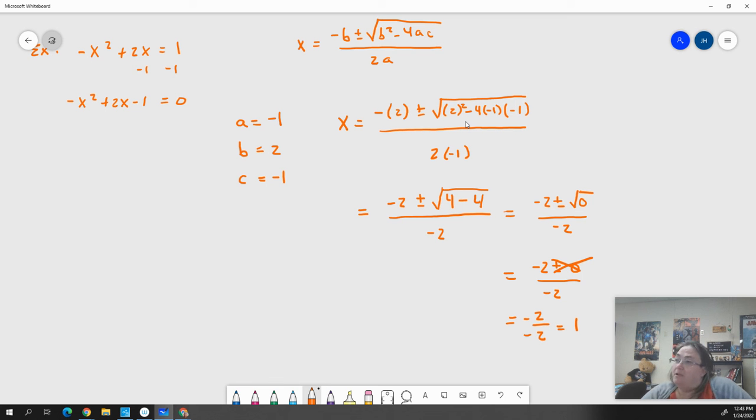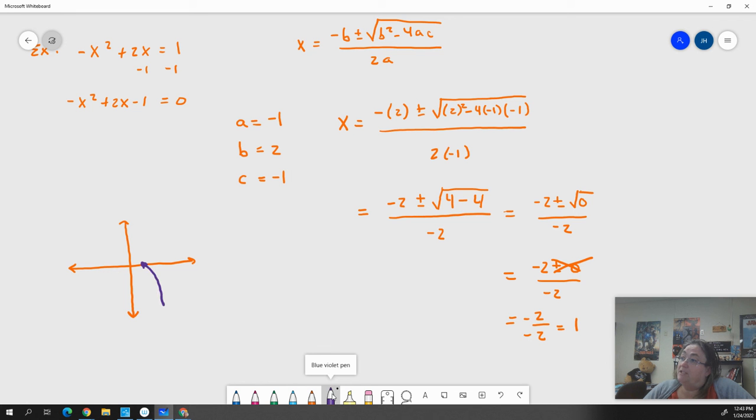Okay. Well, on the last one, I graphed it and I told you solutions meant it's where the graph crosses the x-axis. And at this point, it's only going to cross at one point. Say this is 1 right here. This is where it's going to cross at 1. It just means, in this case, we have a -x, so it's going to go down.